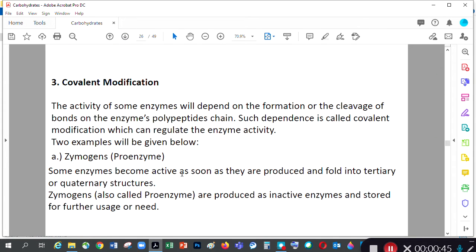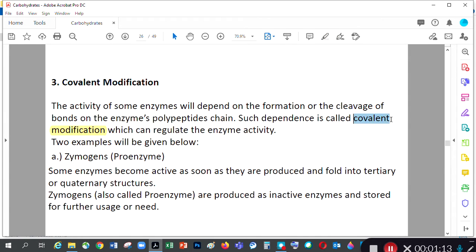With covalent modification, the activities of enzymes depend on the formation or the cleavage of bonds on the enzyme polypeptide chain. Such dependence is called covalent modification, which can regulate the enzyme activity.